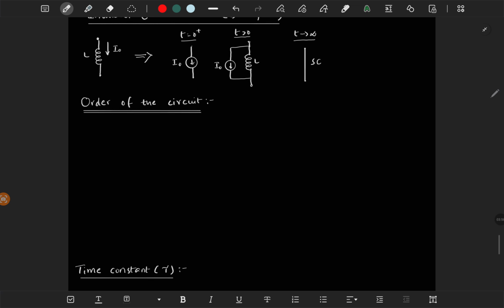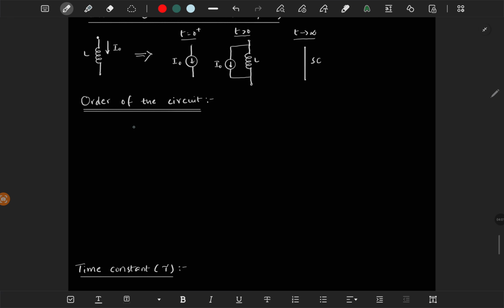Now we will quickly go through what is meant by the order of the circuit. The order of a circuit is defined by the number of effective storage elements in the circuit.